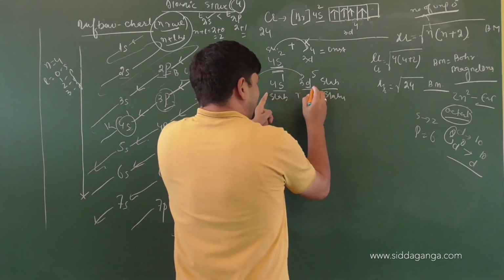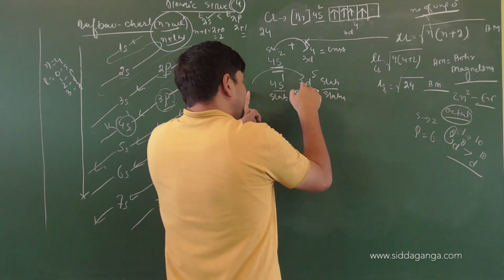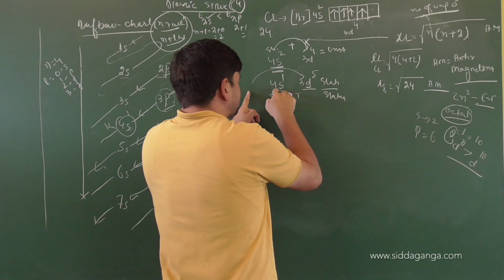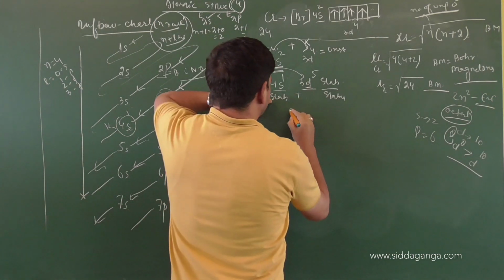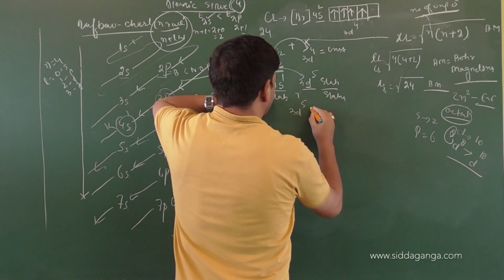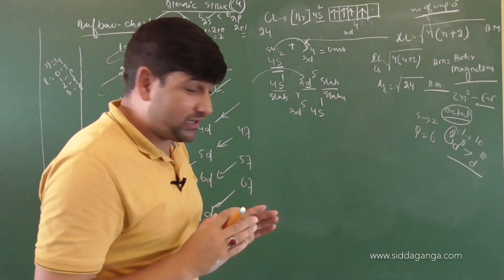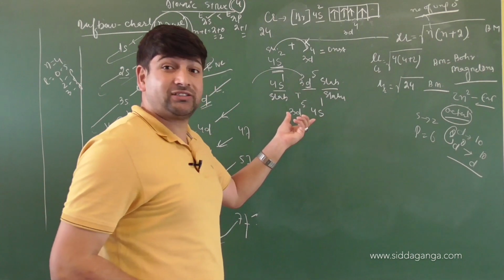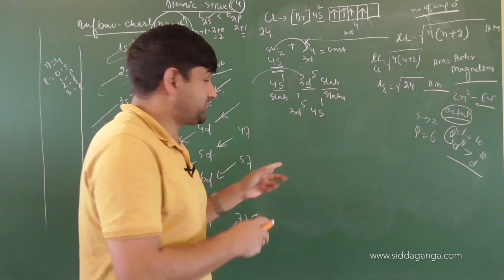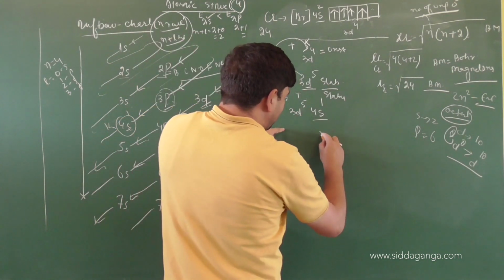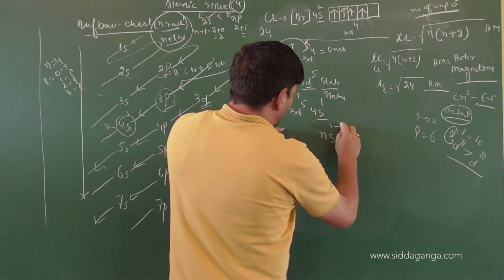Actually, the average distance of d from the nucleus becomes less compared to 4s. So the electronic configuration becomes 3d5 and 4s1. Thus, this is the reason why for transition elements, that is d block elements, we are writing the electronic configuration as ns1 to 2.